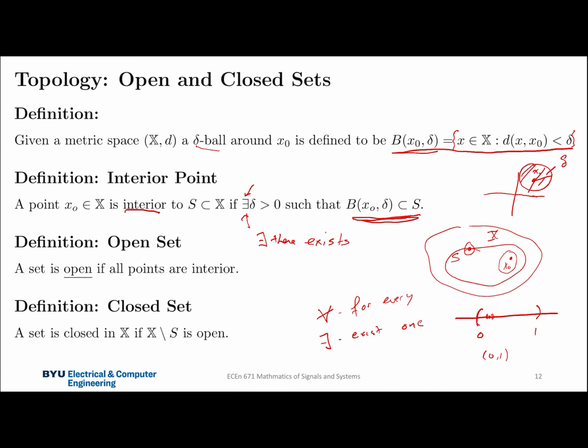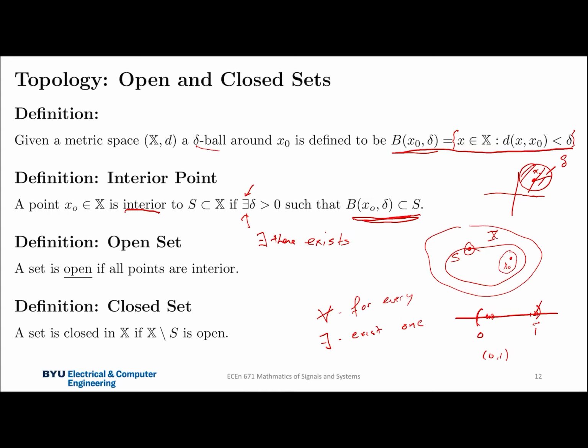And no matter how close you get to 1 here, there's always going to be a space between that point and 1 because we don't include 1, you see. So we could always pick delta to be half of that space, and the interval around that point is going to be all inside of 0 and 1.